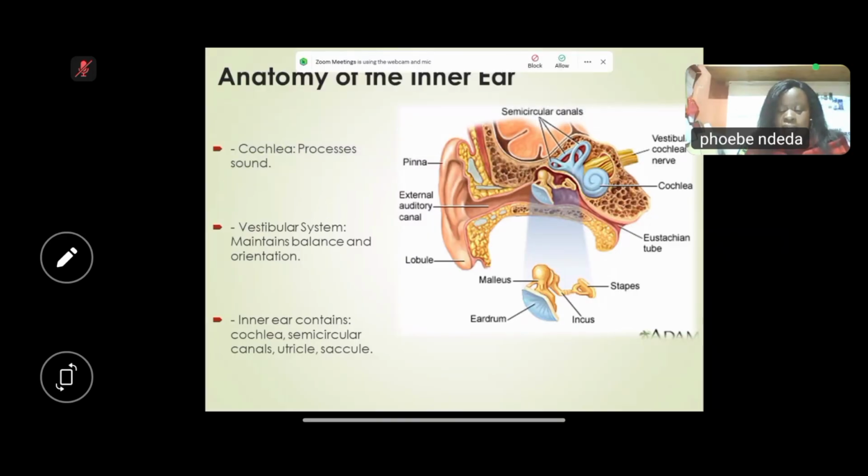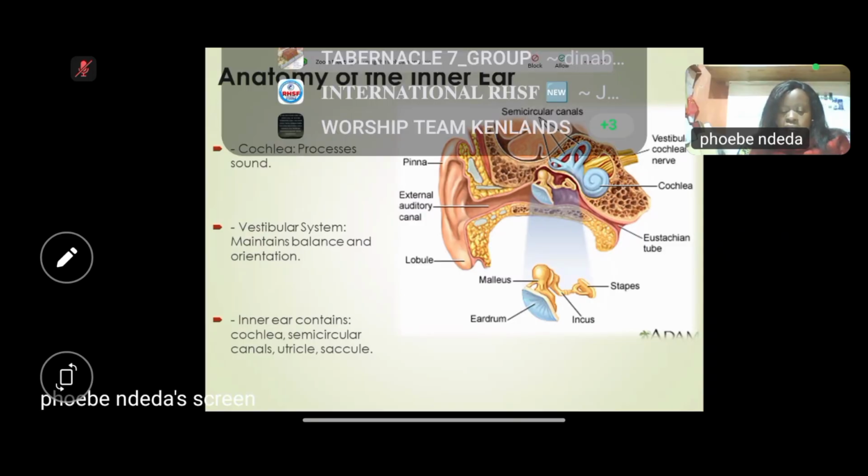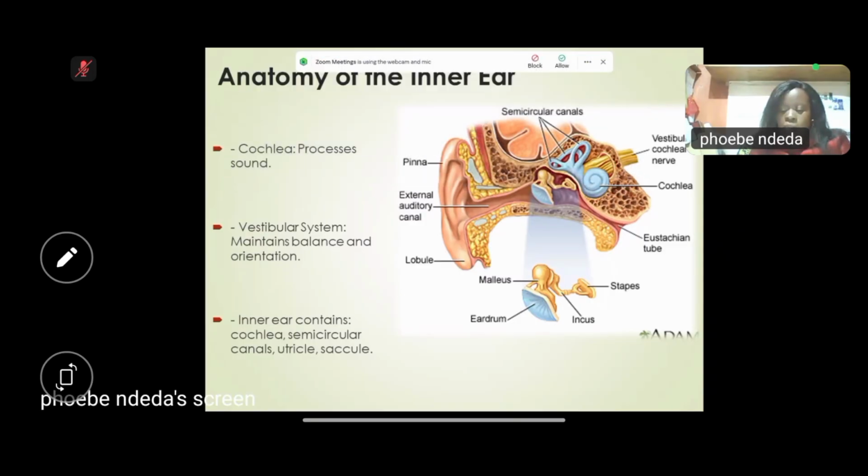And the third, it protects against loud sound and pathogens. When the tube is blocked or fails to open, often due to allergies, sometimes a cold, sometimes a sinus infection, you can develop eustachian tube dysfunction, leading to symptoms like a feeling of ear fullness, muffled hearing, or even ear pain.